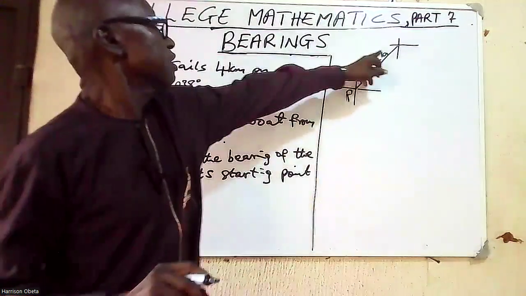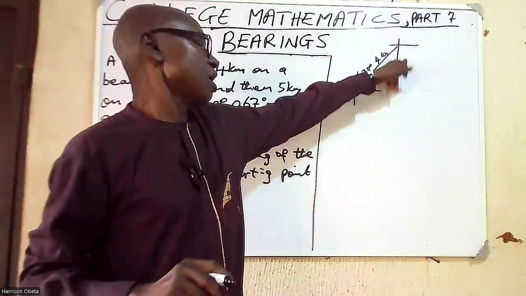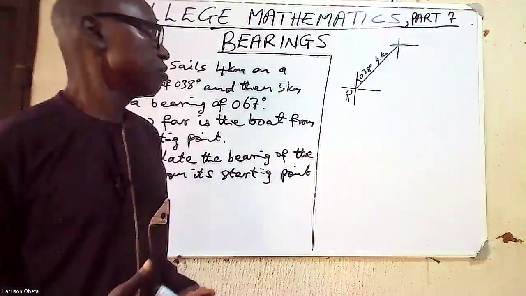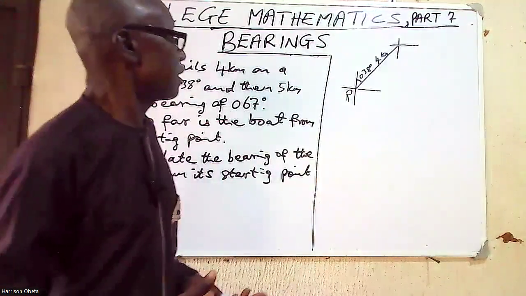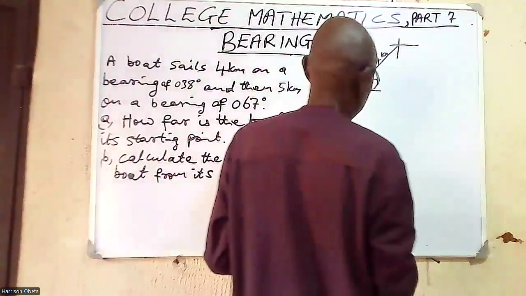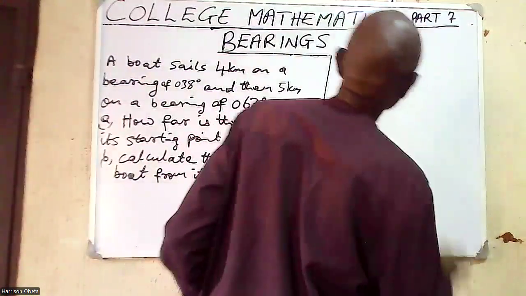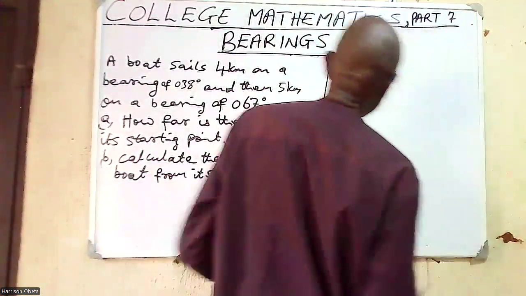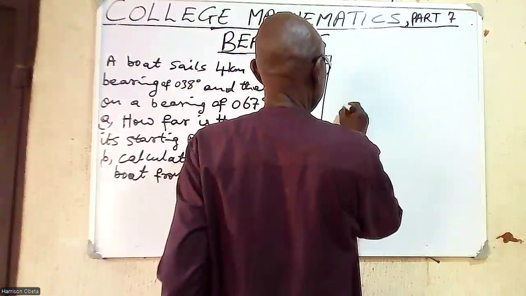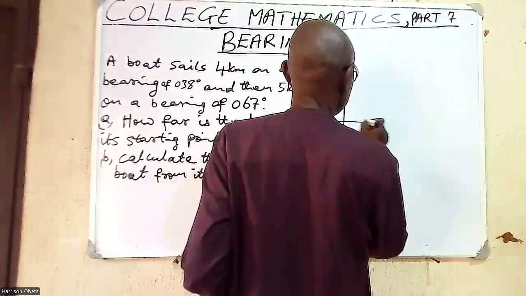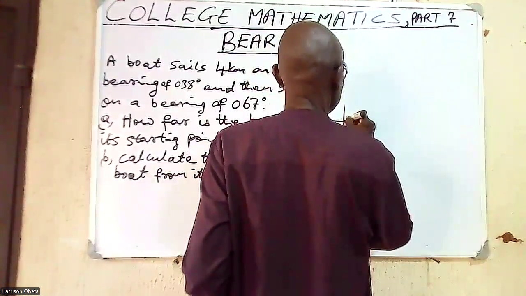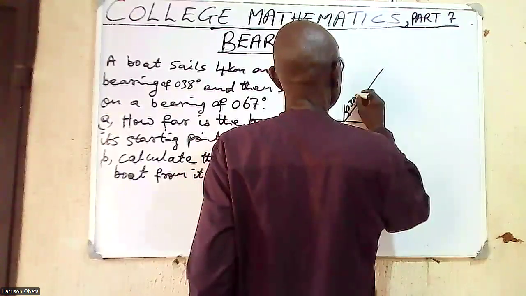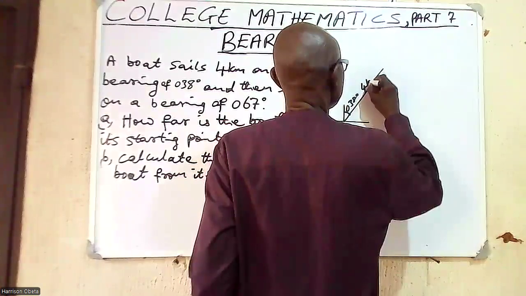Again, since it stopped here, you have to draw another four cardinal points before you indicate the direction. So maybe let me bring it down. We have 038, 4 kilometers.